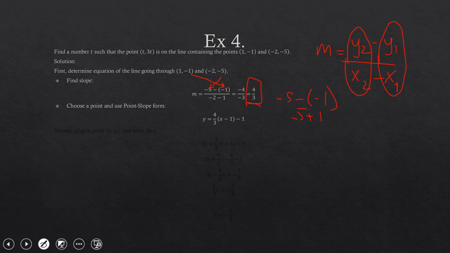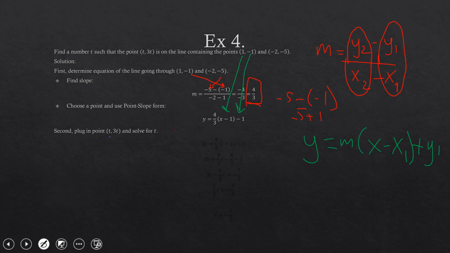So plugging in 1 right here and -1 right here into our point slope form, which I'll write is y equals m times x minus x1 plus y1, we're going to have an equation for our line. So the next step is to use the point that has the unknown t in it, and we're going to plug that into our equation for x and for y.